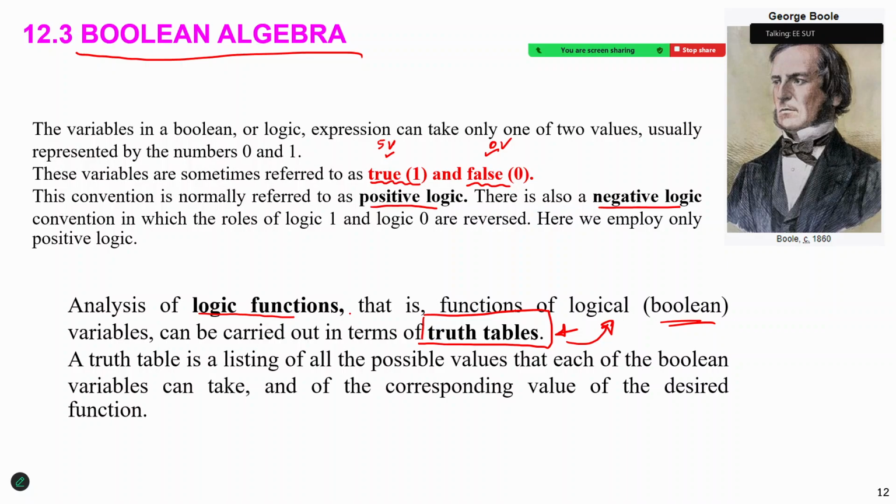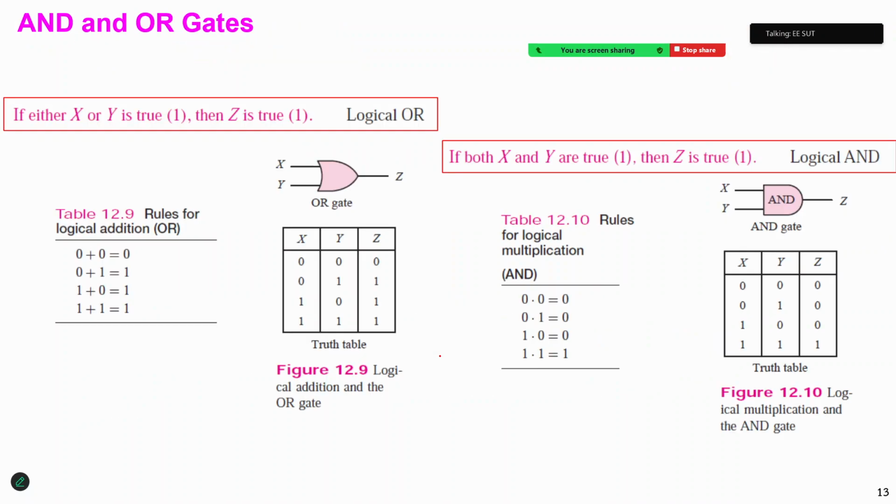Okay. So the truth table will list all the possible values. For example, I introduce the logic called AND and OR gates. If we pass two inputs to an OR gate, the output follows the logic of OR.